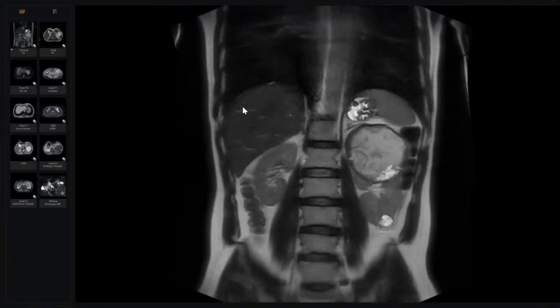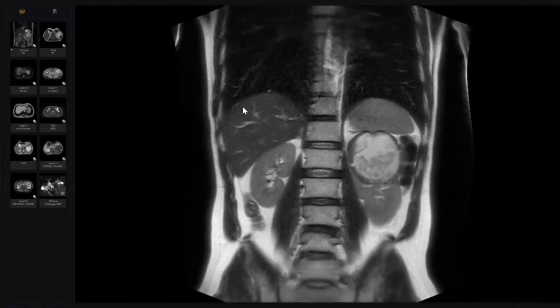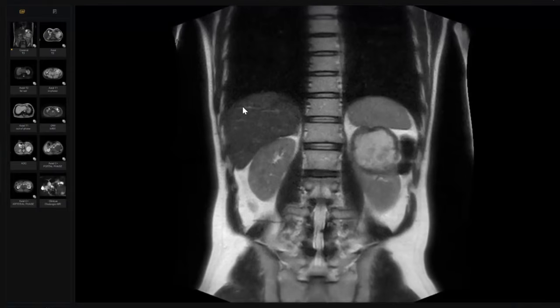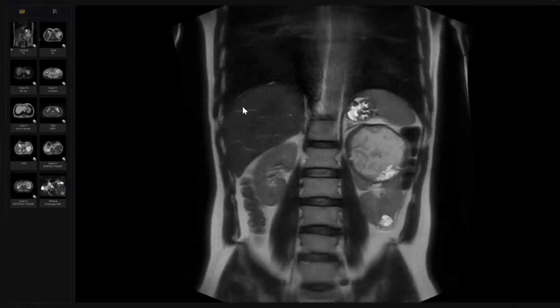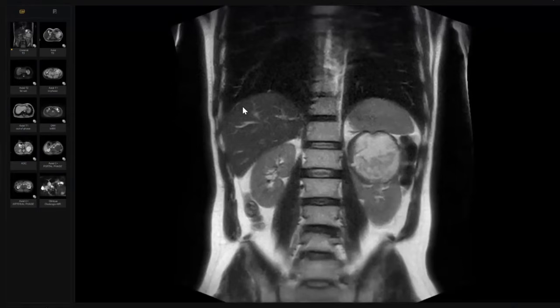It has some hyperintensities noted. I think this is arising from the left kidney, upper pole of the left kidney, most likely. Can I have a look at the post contrast images if available for this patient?